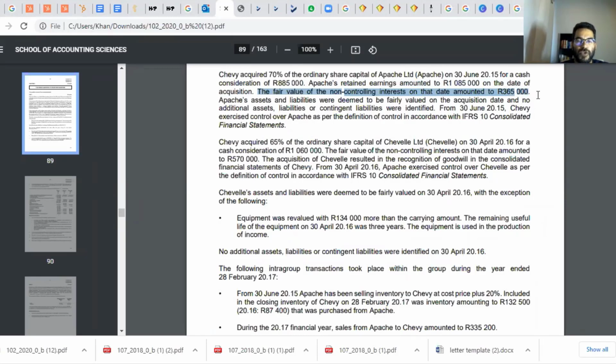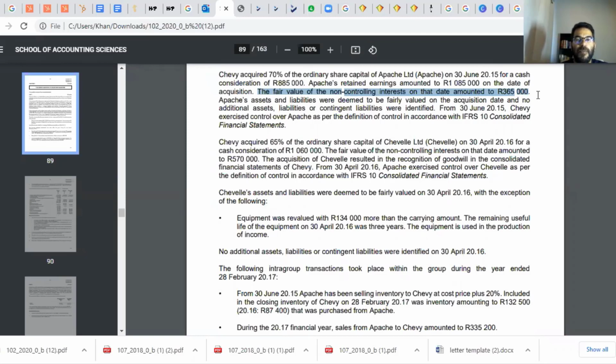Now, what you should know is that when you think about NCI at acquisition, you must remind yourself that NCI at acquisition can be measured in two ways. Number one, at fair value.